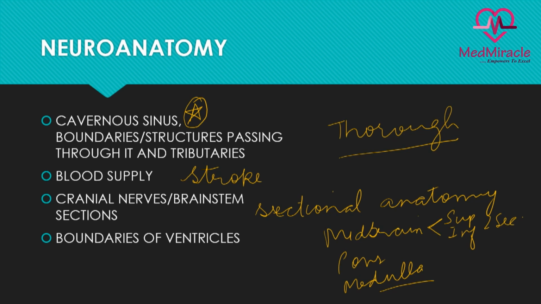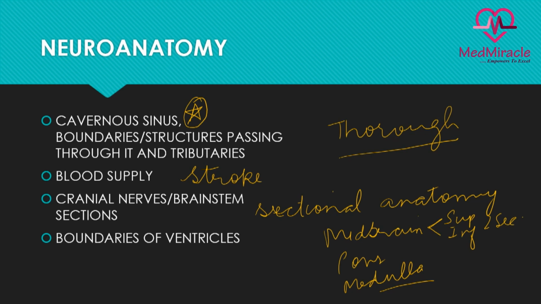These brainstem sections should be well known, and also the various syndromes that occur due to defect in any of these parts. They will show you maybe lateral medullary syndrome, Pontine syndrome. You should know what structure is passing through at which level and will be affected in different syndromes. So this is a very favorite question in all competition exams.